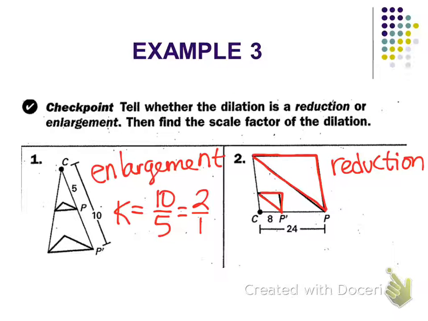We still need to find our scale factor K. K equals, what's the distance between our center and a new point? I think I hear someone saying 8. Center and new point, that distance is 8.